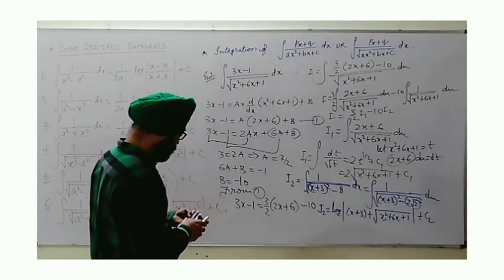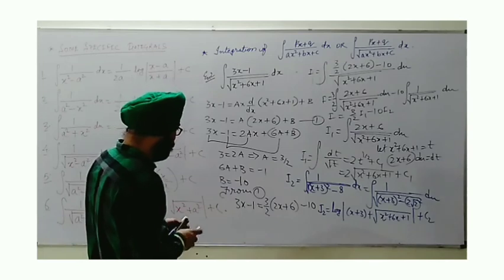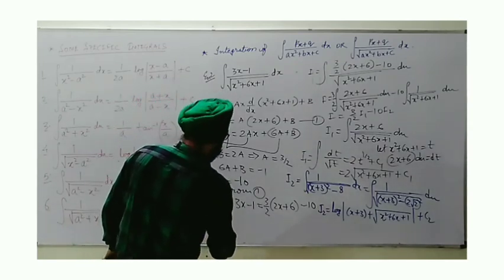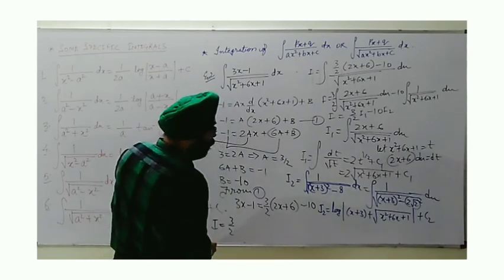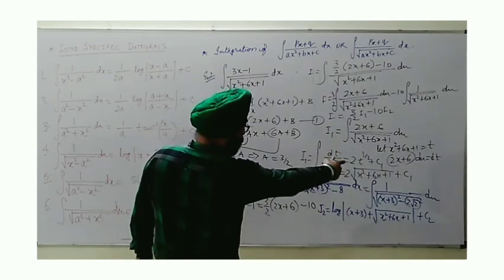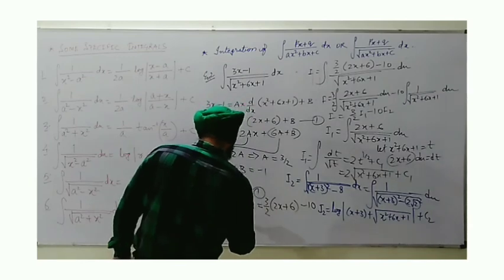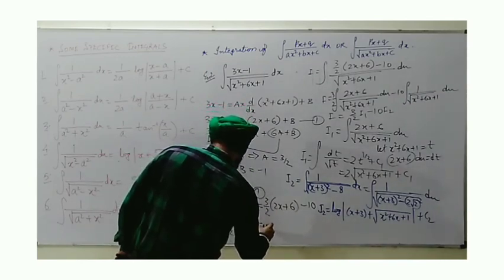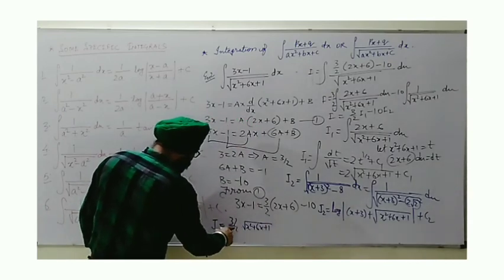The only thing you need is to put these values in I. We get finally I as 3 by 2 times twice root x square plus 6x plus 1, where this 2 can be cancelled out.